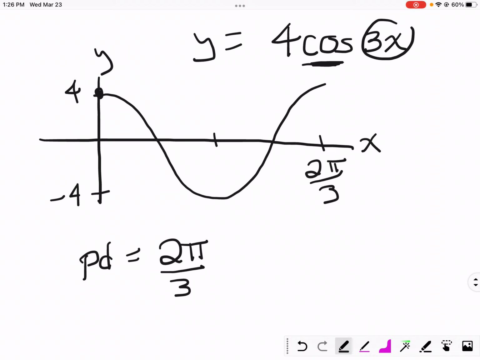This is 1/3 as wide as normal. Well, if that's 2 pi over 3, that's 1 pi over 3. This right there would be half of that, or pi over 6.